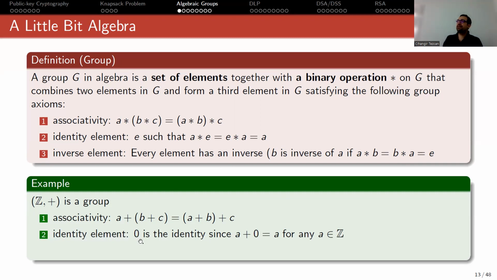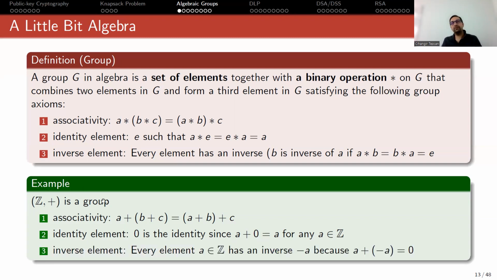This is the first thing they teach us in elementary school in mathematics, you know. So A plus 0 or 0 plus A gives you A, regardless of which A you are using. And every element has an inverse here, because if you give me an A, I will tell you that minus A is the inverse of it, because if you add A to minus A, you end up with the 0 identity element. So this is a group, okay?